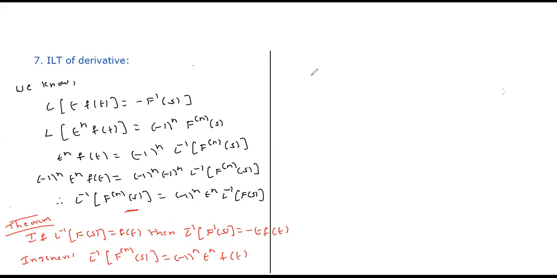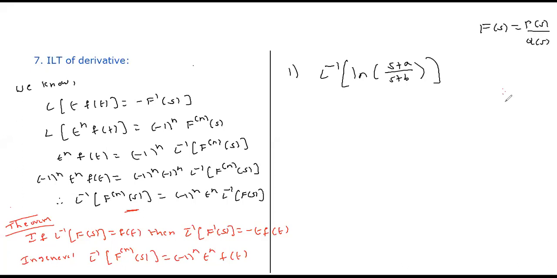Now we'll see a problem. Let us say we want to find L inverse of log of (s plus a) by (s plus b). Now please listen carefully. So far all our functions f of s were algebraic functions of the form p of s by q of s, where both are polynomials, a rational function.